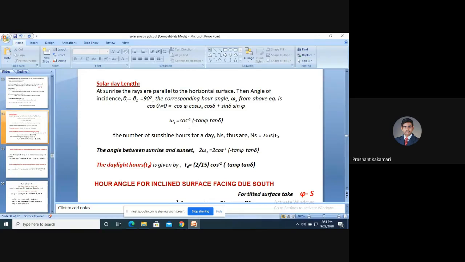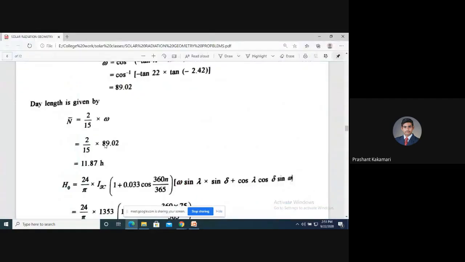The same equation we'll use. The only thing is, in place of cos inverse of tan phi tan delta, they have written omega s. Or you can take the full equation also. Both are the same. So they have taken 2 by 15 into cos inverse of tan phi tan delta, taking this omega itself as a value, substituted it and found the day length.